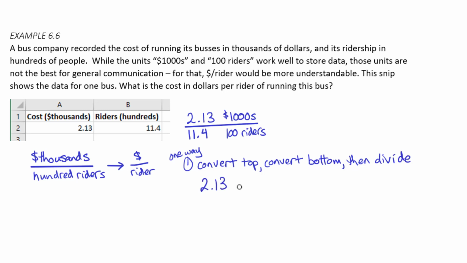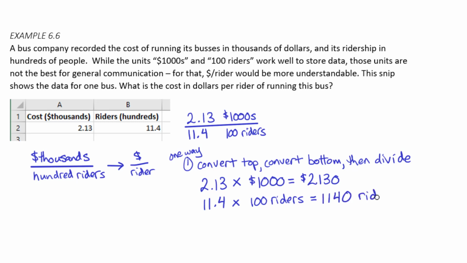So 2.13 in thousands of dollars. To get dollars back out of that, we multiply 2.13 times 1,000, and we get $2,130. 11.4 is in hundreds of riders. To get how many riders that is, we multiply 11.4 times 100 riders, and we get 1,140 riders.